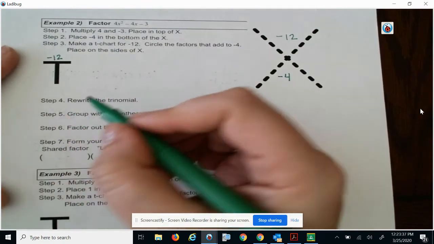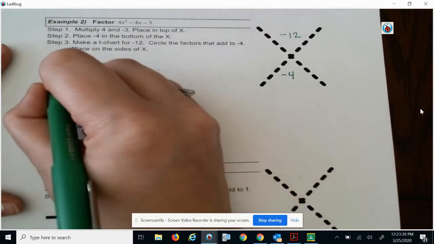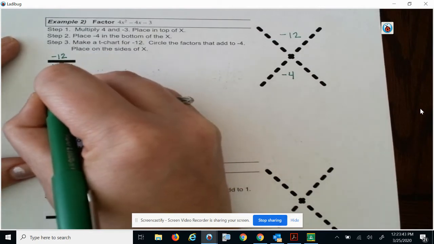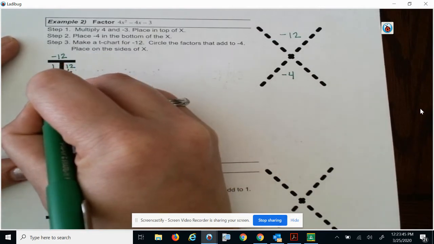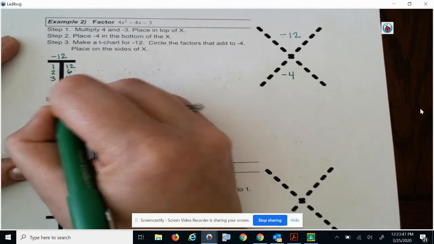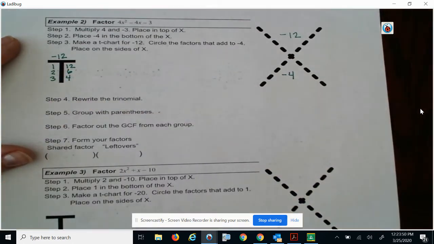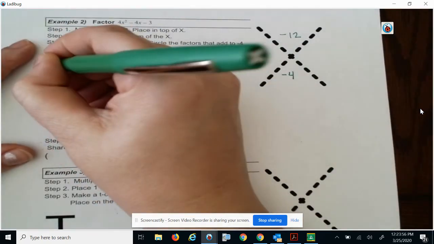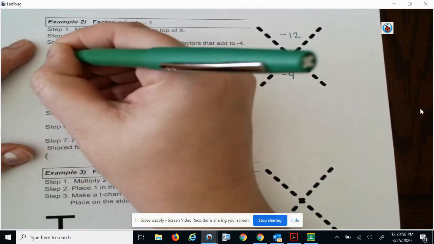Now, if this was just a positive 12, we'll just pretend it's positive right now. So 1 and 12, 2 and 6, 3 and 4, and then 4 that's there. Now it has to be negative, right? So only a negative and a positive make a negative number.